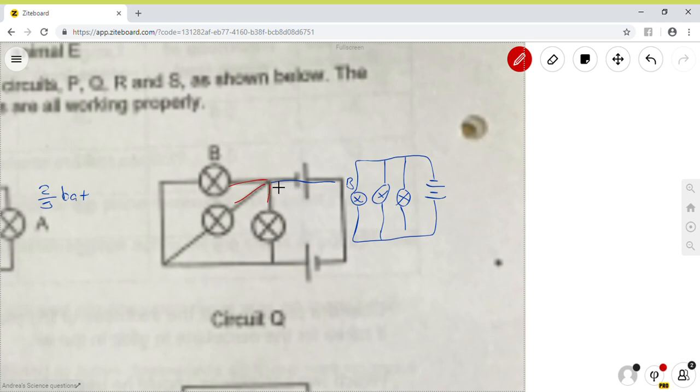Three lines. The electron must go through 3 lines, so there are three loops. So what happens in this type of circuit is that each one will get 2 battery power. Bulb B will get the full power of 2 batteries.